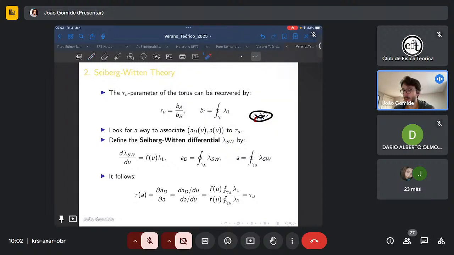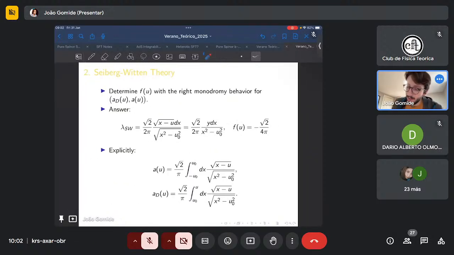And now we just have to find which function we have to integrate over these cycles to have the A's and AD's with the right monodromies. If we find this function, then the tau parameter of the torus is precisely the gauge coupling of the theory. This just follows from the mathematical definition of the torus in these forms.